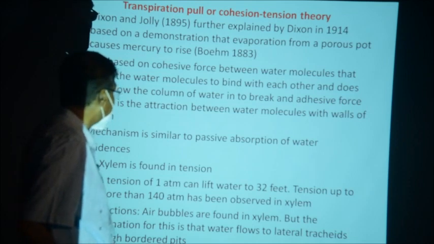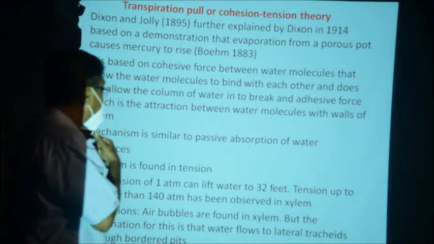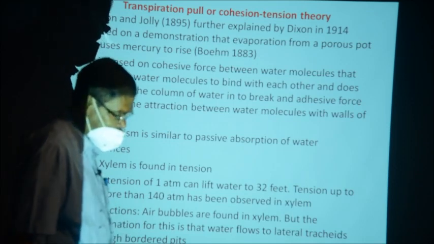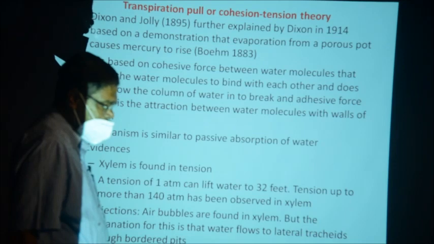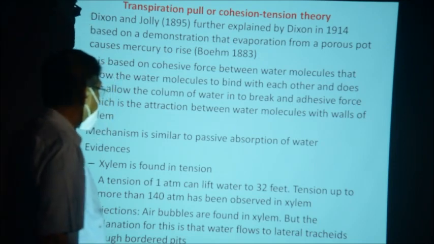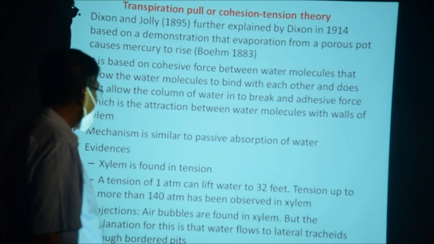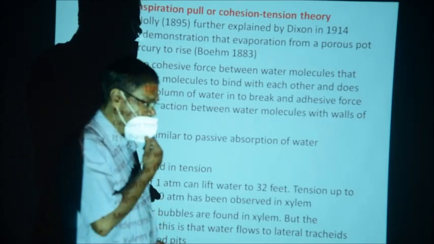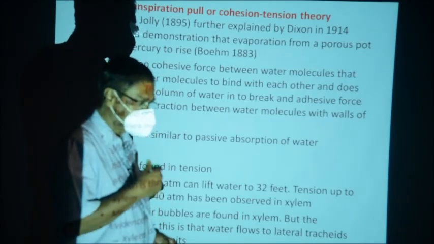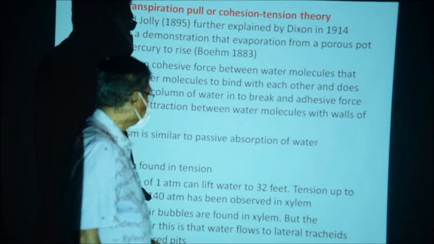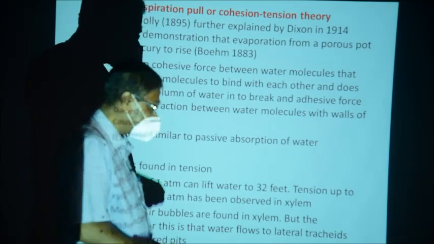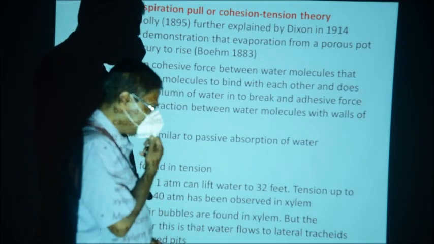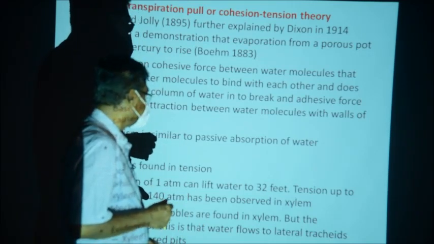Dixon and Joly in 1895 and Dixon in 1914 explained the transpiration pull theory or cohesion tension theory. This is based on two important aspects of water. The attraction between water molecules is called cohesion, because of which they remain together, and the attraction between water molecules and the surroundings is called adhesion.